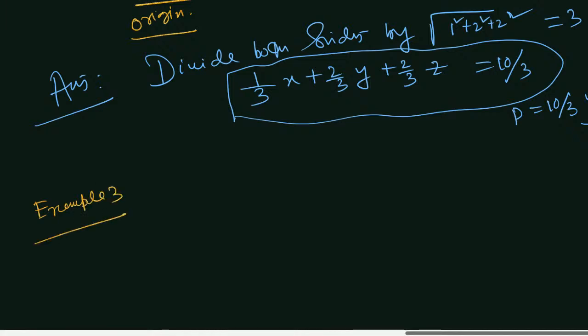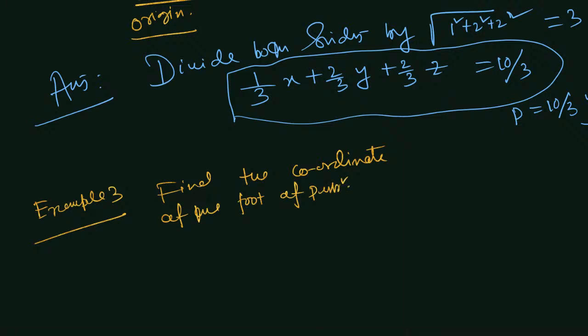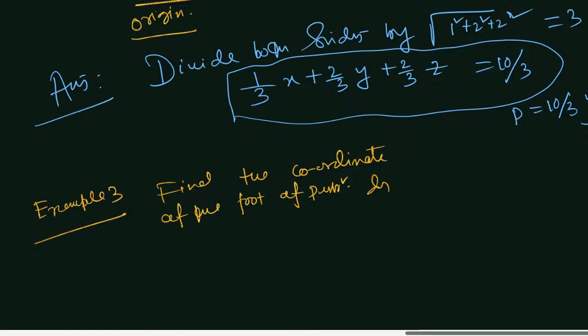Taking another example here: find the coordinates of the foot of the perpendicular drawn from the origin to the plane, say 3x minus 2y. Hope you all are doing it with me.